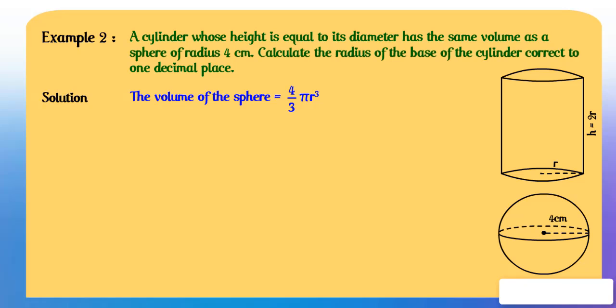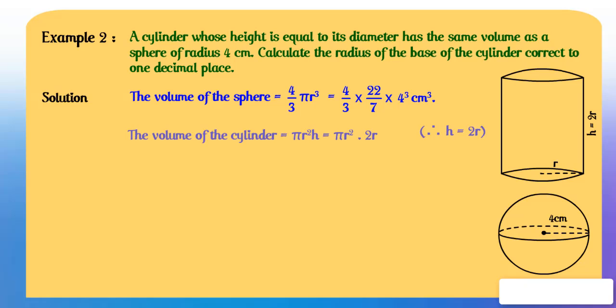Let's solve this. The volume of the sphere is equal to 4 by 3 pi r cube is equal to 4 by 3 into 22 by 7 into 4 cube centimeter cube. The volume of the cylinder is equal to pi r square h is equal to pi r square into 2r, because h is equal to 2r, is equal to 22 by 7 into 2 into r cube.